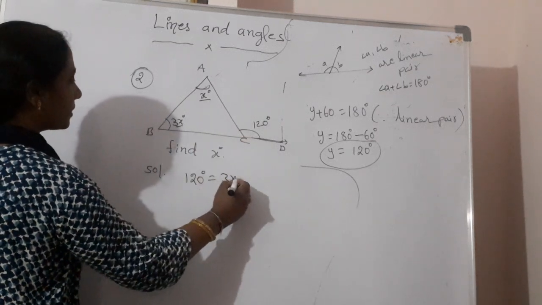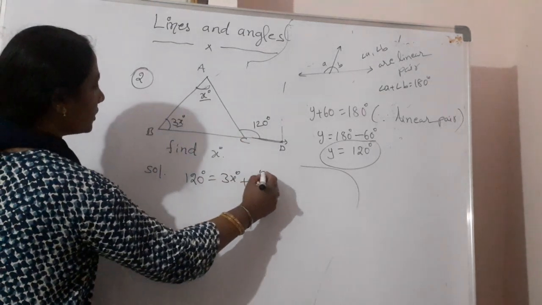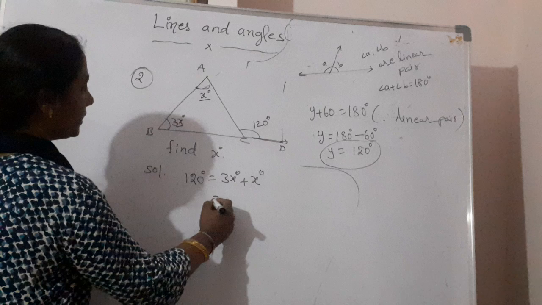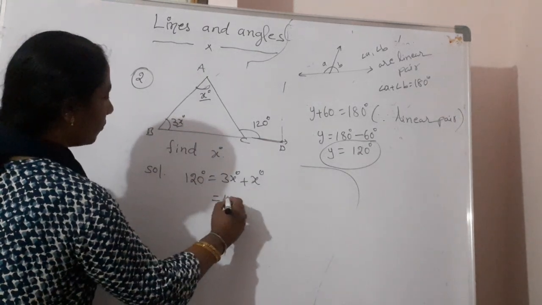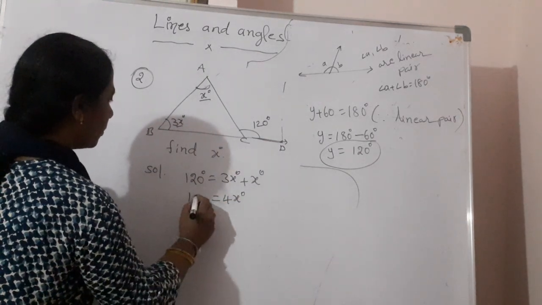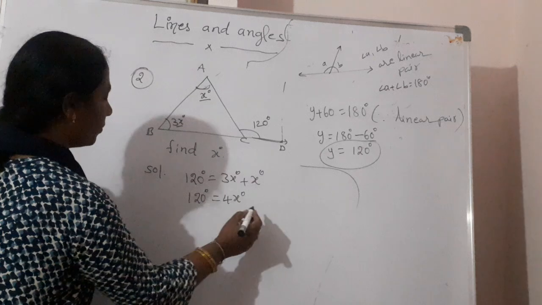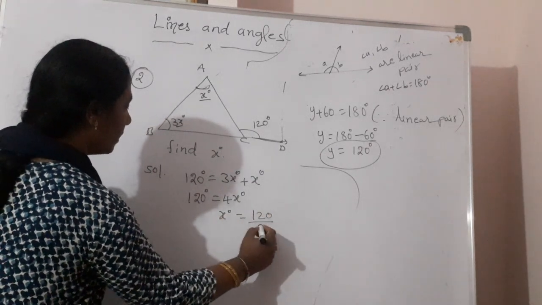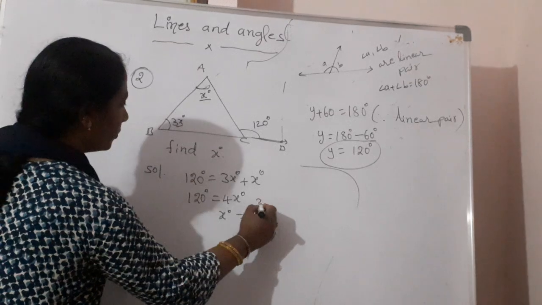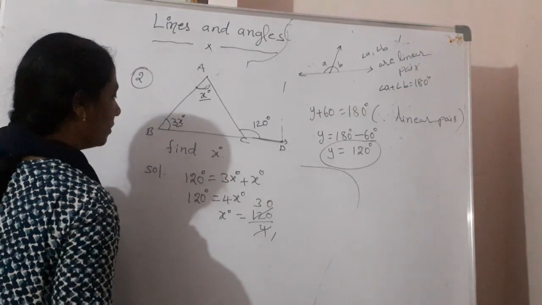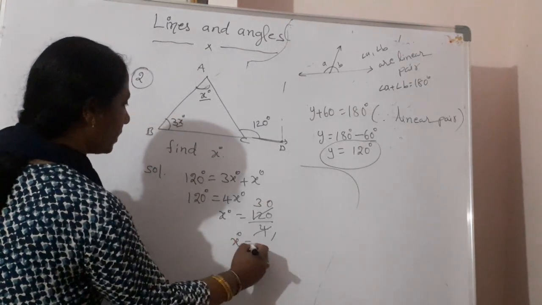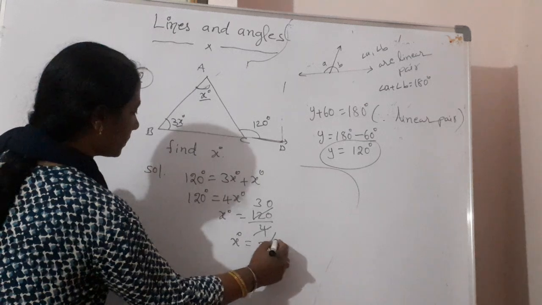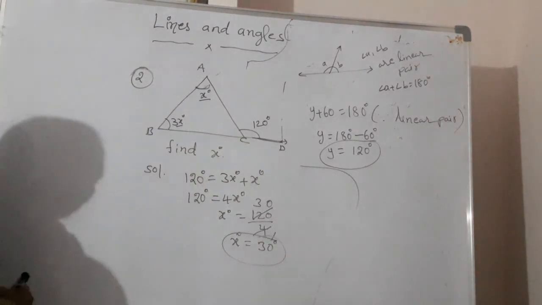So 3x plus x degrees is 4x degrees. So 120 degrees is equal to 4x. So x equals 120 by 4. 4 ones are 4, 4 threes are 12, 4 zeros are 0. So x is equal to 30 degrees.